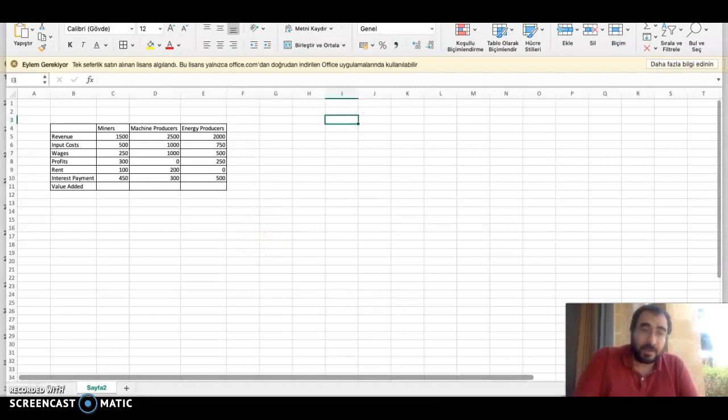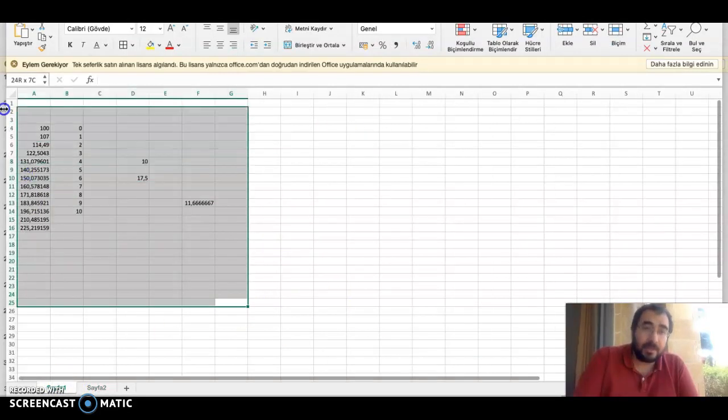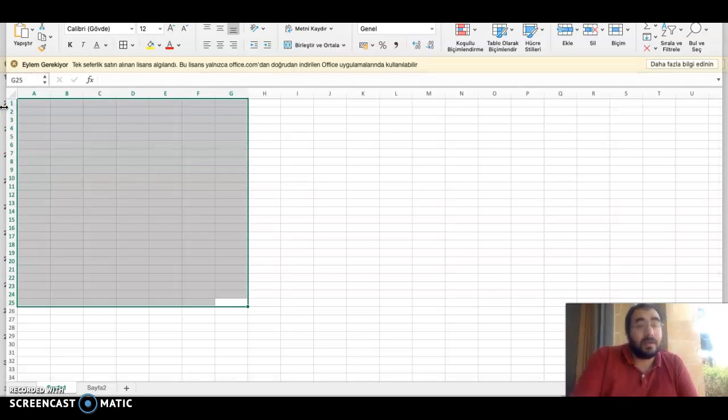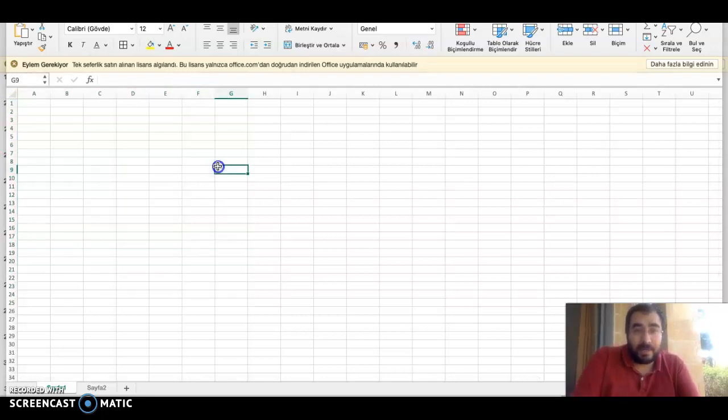And this is because of the following. Assume that we have an apple and an apple pie. Let's say this apple is $100 and this apple pie is $200.